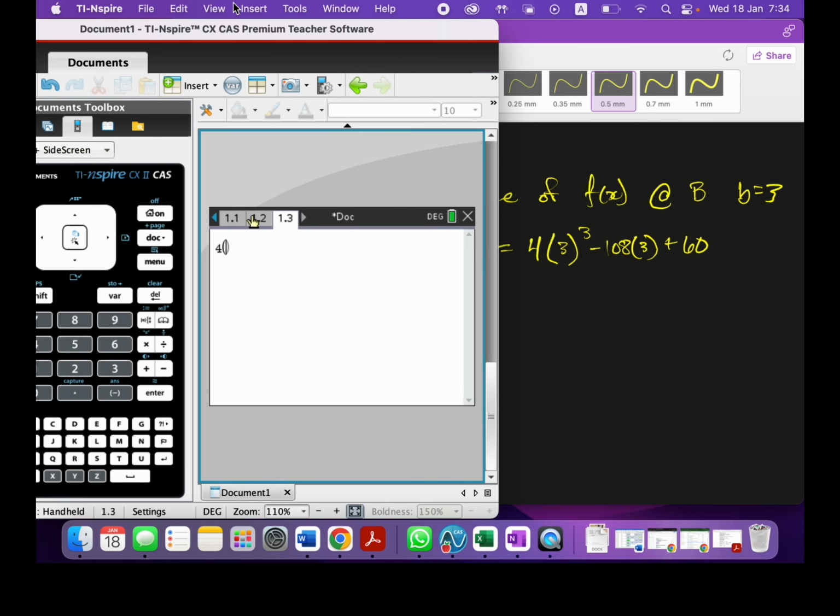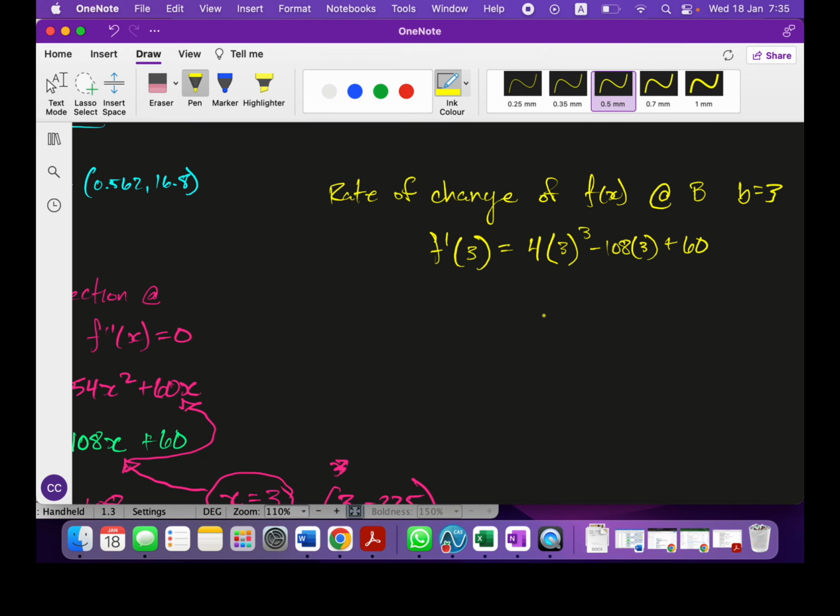All right, 4 times 3 cubed minus 108 times 3 plus 60, negative 156. So the answer is negative 156. There, I hope that's helpful. I hope that makes sense. Good luck.